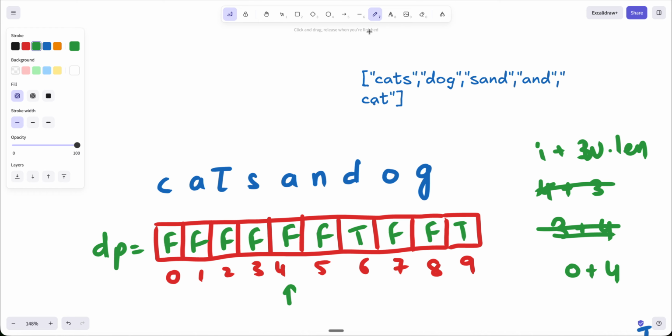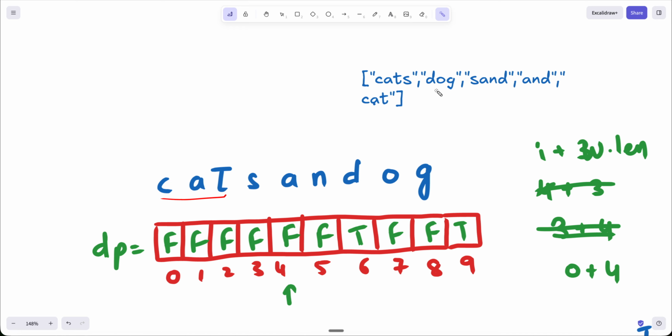And then I'm going to check further. 3-letter word cat and dog are not matching, 4-letter word cats and sand is not matching, 3-letter word cat and sand is not matching, and then cat and cat, they are matching, but again 0 plus 3 index, if you go here it is false, so it will be false again.